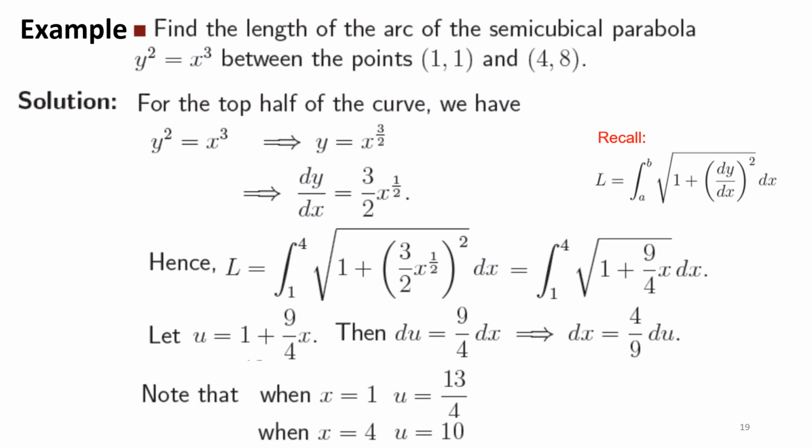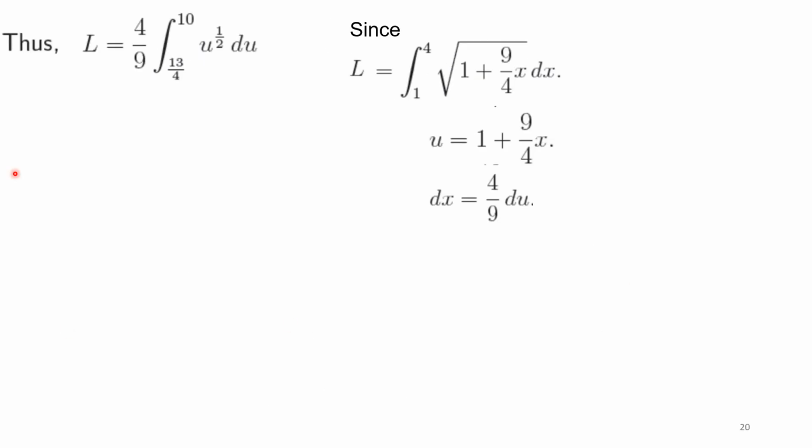From here, since we replaced this quantity by u to the 1/2 du, and we also changed the limits of integration from 1 to 4 into 13 over 4 to 10, we have 4 over 9 times the integral of u to the 1/2 du evaluated from 13 over 4 to 10.